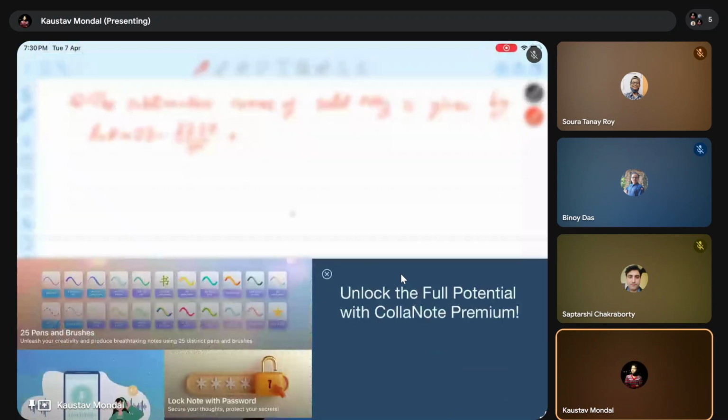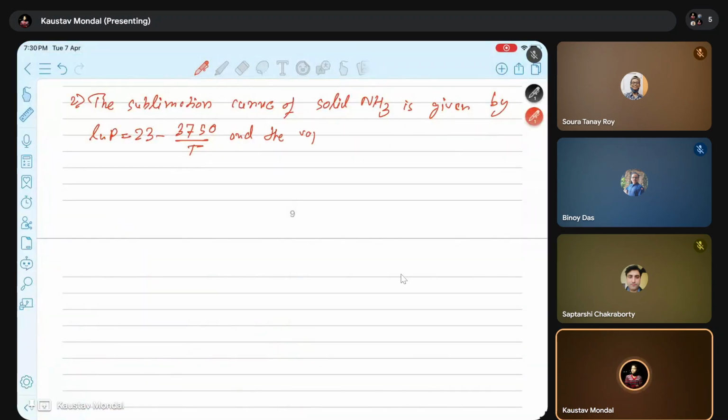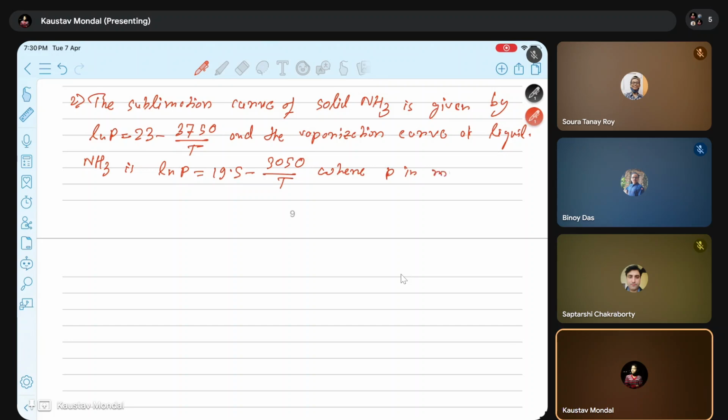and the vaporization curve of liquid NH3 is ln P equal to 19.5 minus 3050 by T, where P is in this unit and T in Kelvin unit.